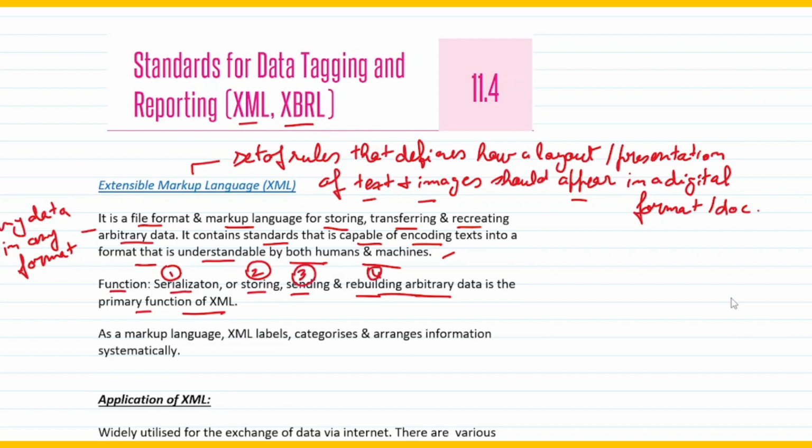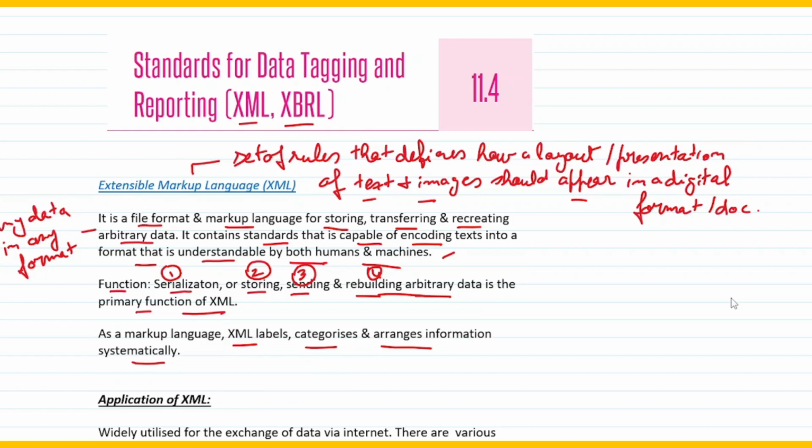So these are the various functions of XML, right? As a markup language, XML labels, categorizes and arranges information systematically. So that is all about extensible markup language.